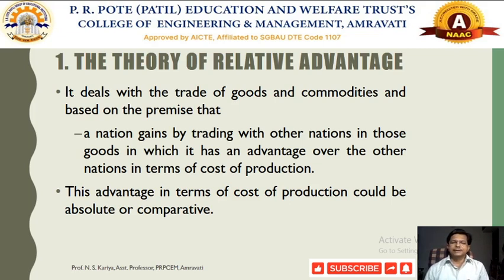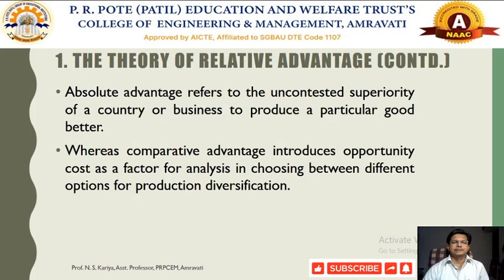So there will be two parts with respect to that cost of production, depending on whether they produce some particular kind of goods and services and on some particular criteria. The first one is called the absolute advantage and the other is called the comparative advantage.